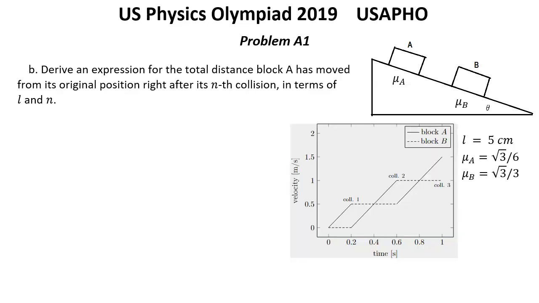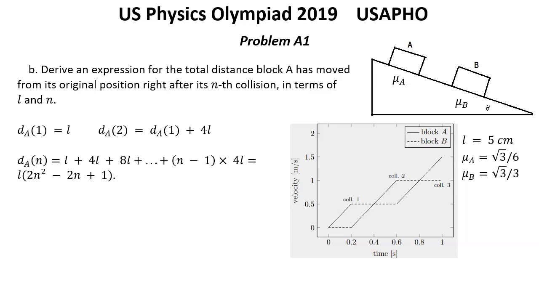Using this graph, we see that distance before the first collision equal L, distance to the second collision equal distance to the first collision plus 4L, and so on. It means that after calculations we have that distance after n collisions equal L multiplied by 2n squared minus 2n plus 1, which is exactly the answer for question B.